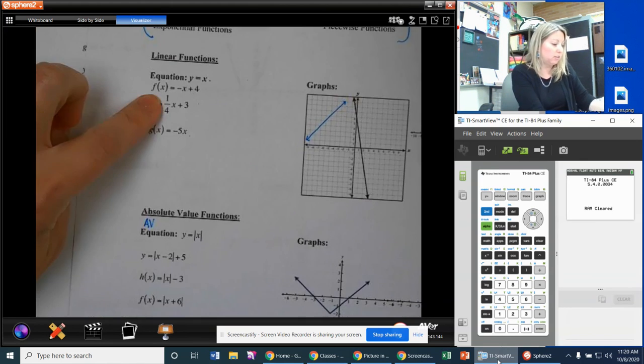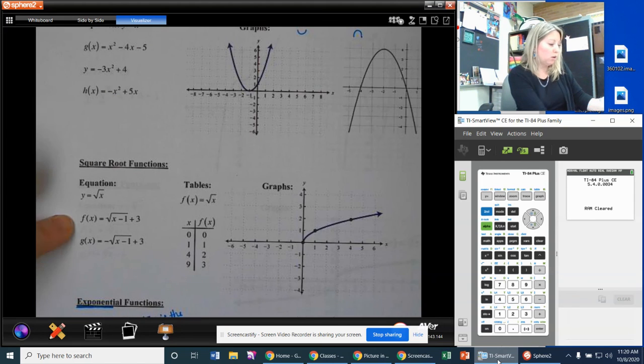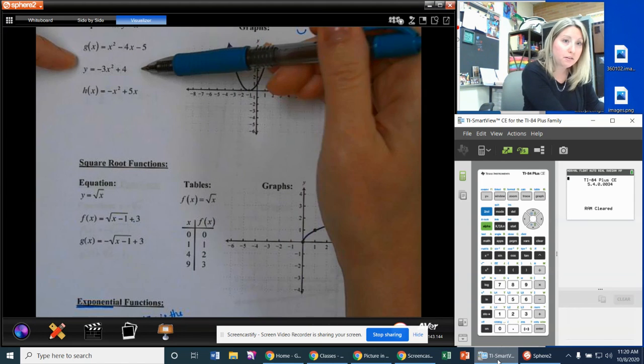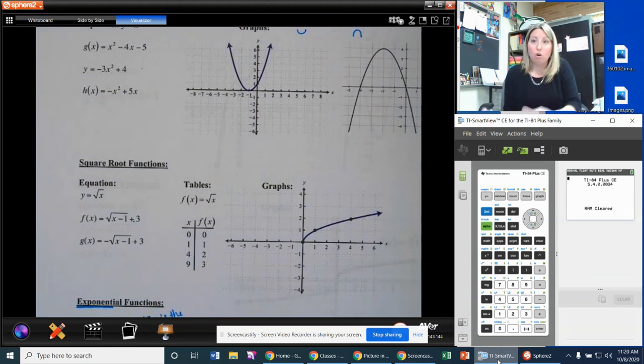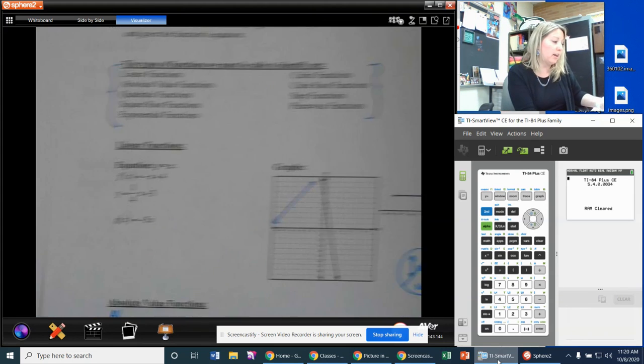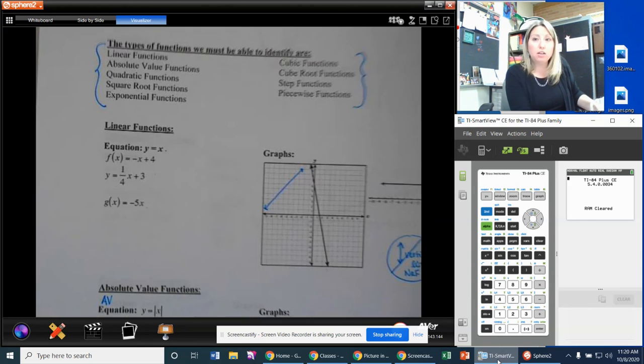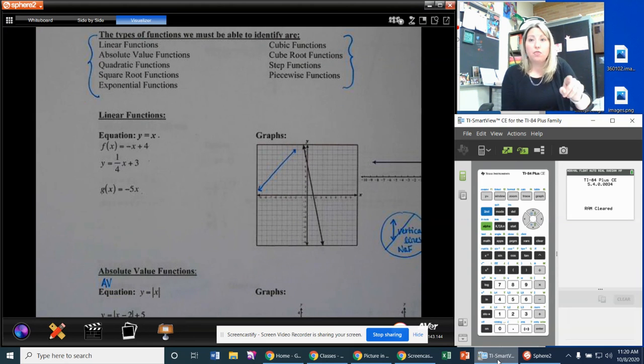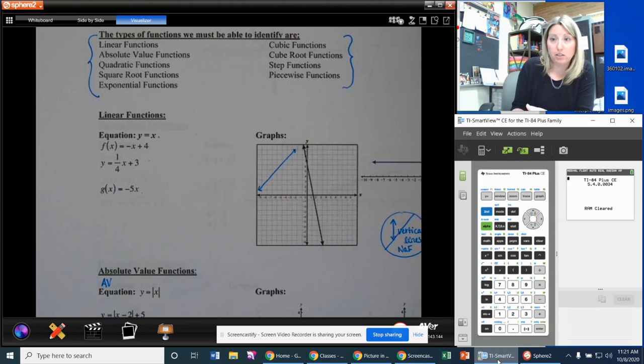I list these here for a reason, to help you identify those on your homework, because all you have to be able to do right now is look at an equation and say, oh, that's a quadratic, oh, that's a cubic, based on what you see. So look back at these notes as you do that matching homework. And that's all it is, those matching pieces.